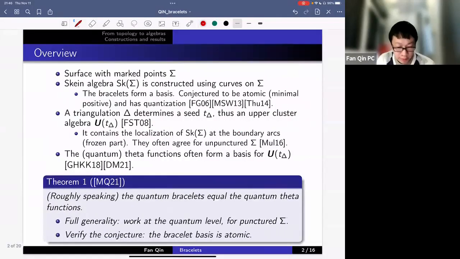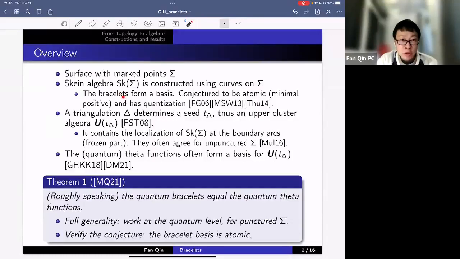So I will first give you the overview of what I'm going to talk about in this talk. We start with a surface with finitely many marked points, and we will define the skein algebra. The skein algebra is defined topologically using the curves on the surface, or rather the union of curves, up to isotopy class.